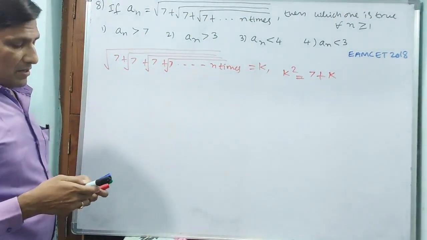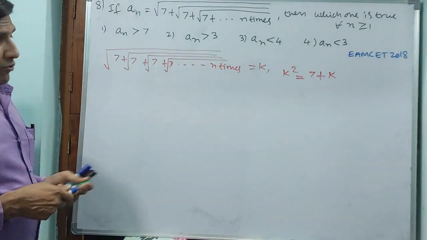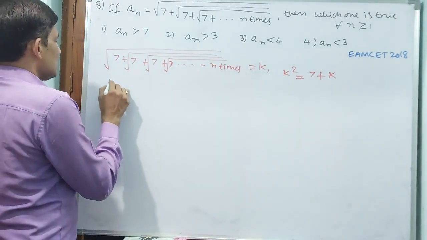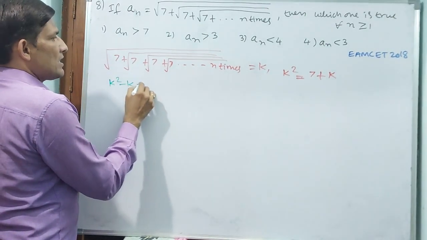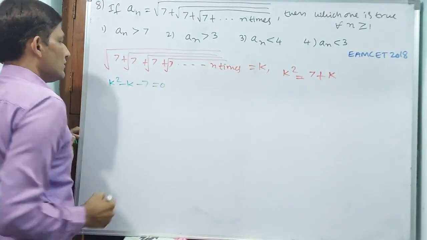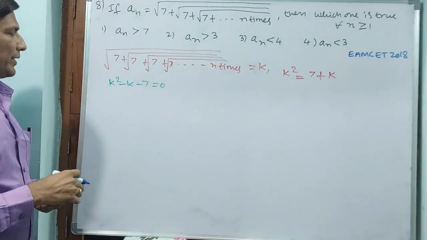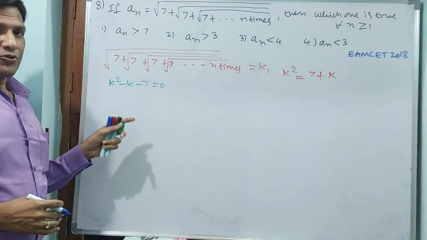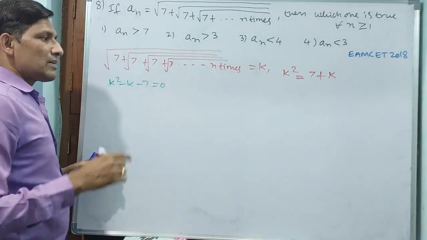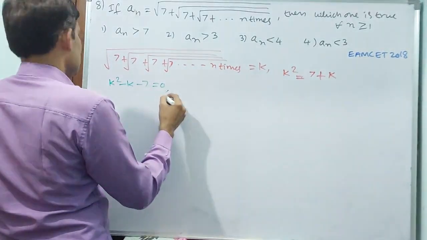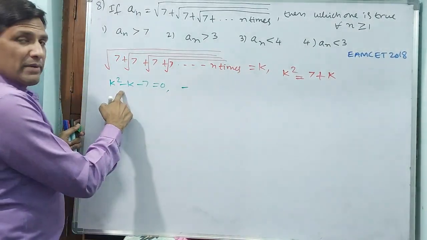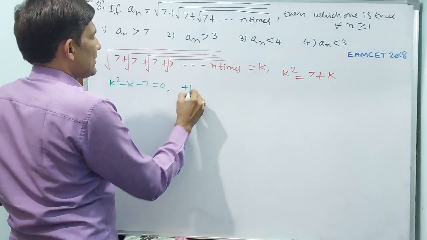Now you see what I am doing. k square minus k minus 7. You bring this side: k square minus k minus 7 equal to 0. Direct factors we are not going to get, so minus b plus or minus you have to take, but we will avoid minus. Minus b means minus of minus 1, plus 1.